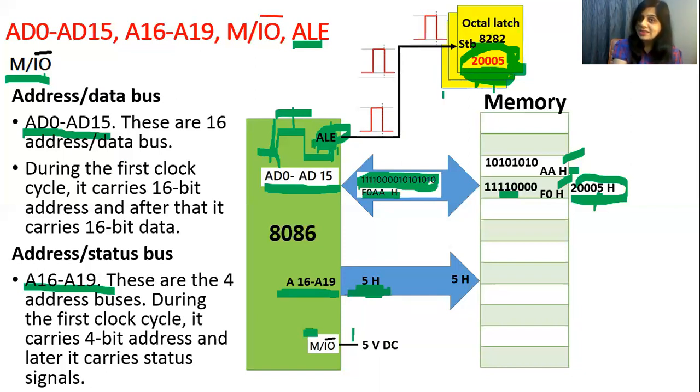Once it latches this address, this bus becomes available for data flow, and then data will flow on the same bus. So these are the functions. So this is how the memory slash IO bar, ALE, A16 to A19 and AD0 to AD15 pins function.